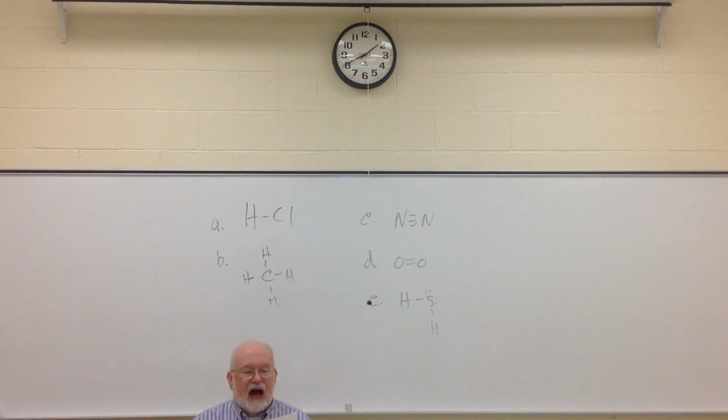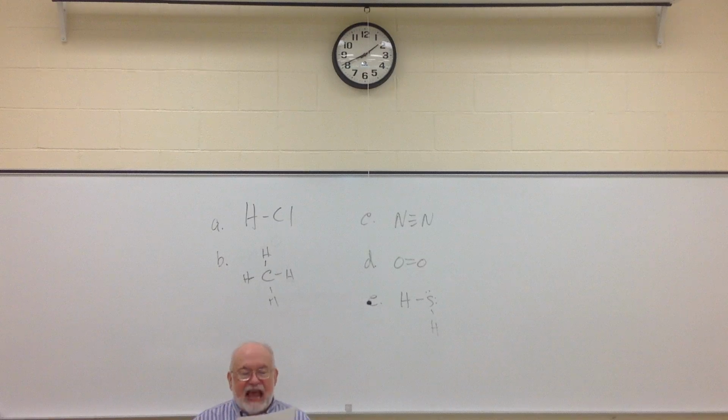D, 5 amino acid residues in a chain. E, glycerol, 2 fatty acids, a phosphate, and an amino alcohol. A is the best, yes. Glycerol and 3 fatty acids. That's what it is.